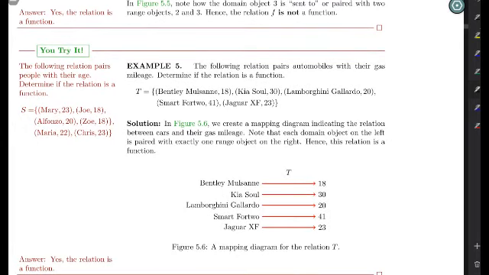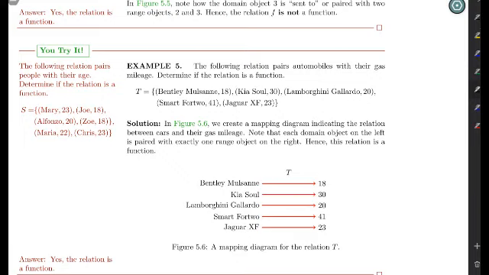So we have some further examples here. Example 5. The following relation pairs automobiles with their gas mileage. Determine if the relation is a function.